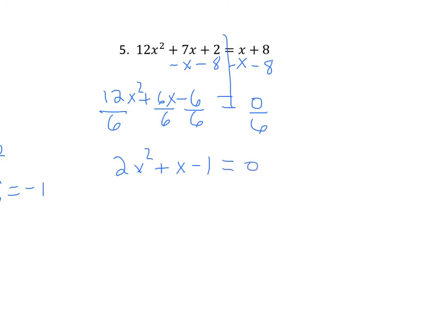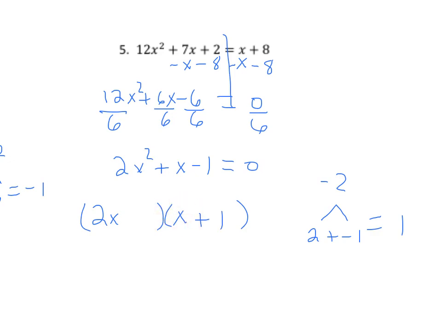Well, now you have to think. A times c, negative 2, adds to equal 1. Well, what multiplies to negative 2 and adds to 1? Positive 2, negative 1. So I have 2x and x. What do I have to multiply 2 by to have it equal 2? 1.